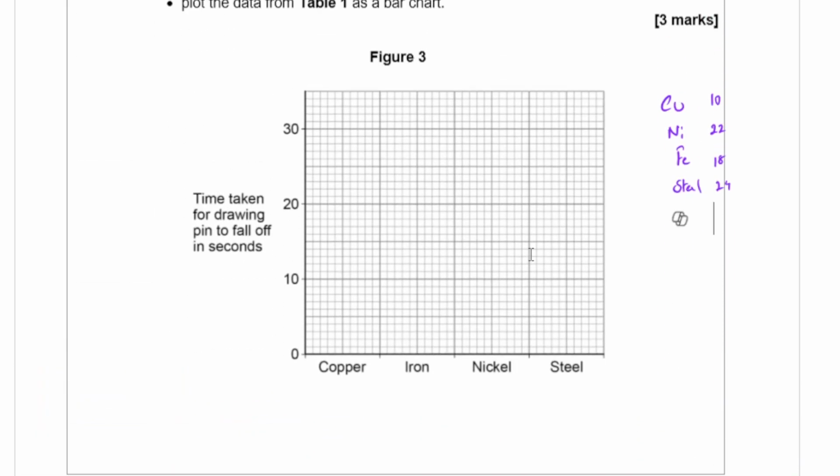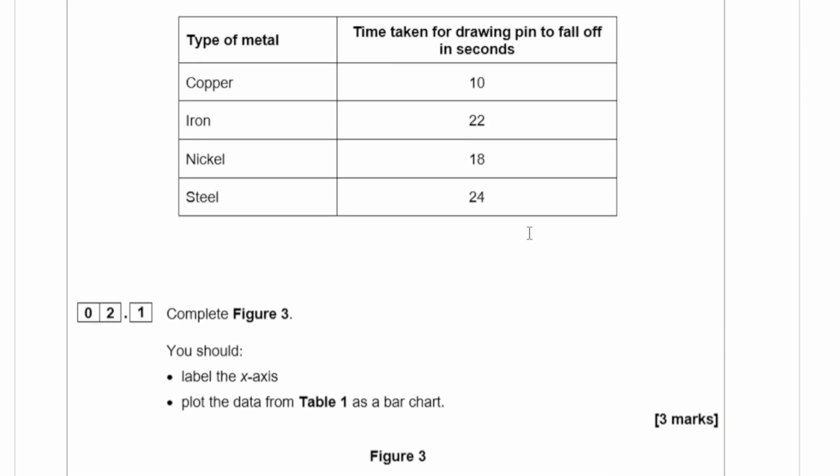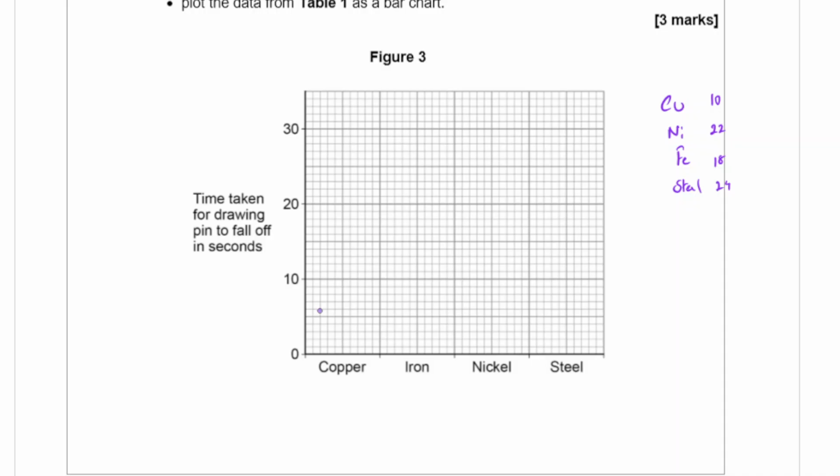Right, so they've already labeled copper, iron, nickel, and steel. All we have to do is copy this for the type of metal for our label. So, type of metal.